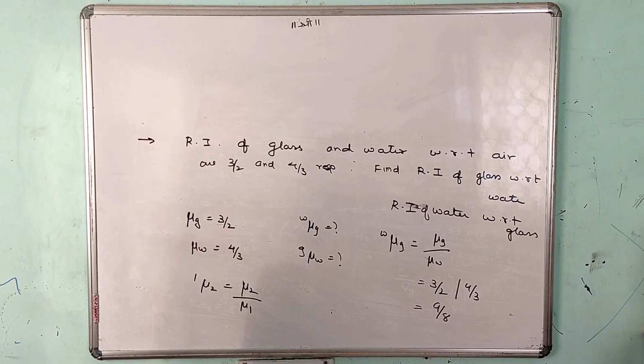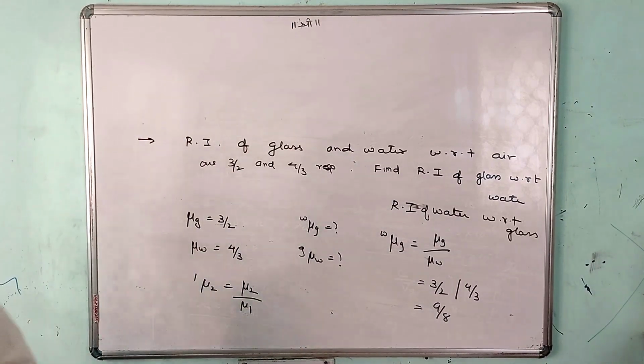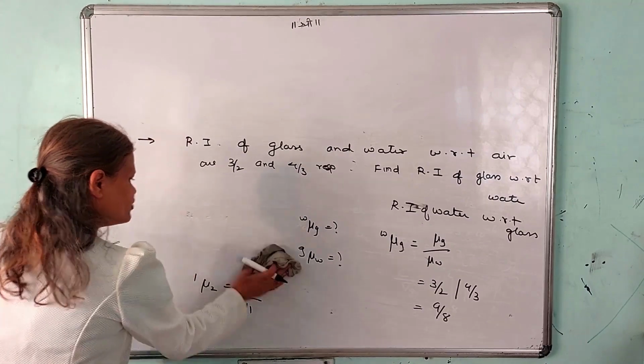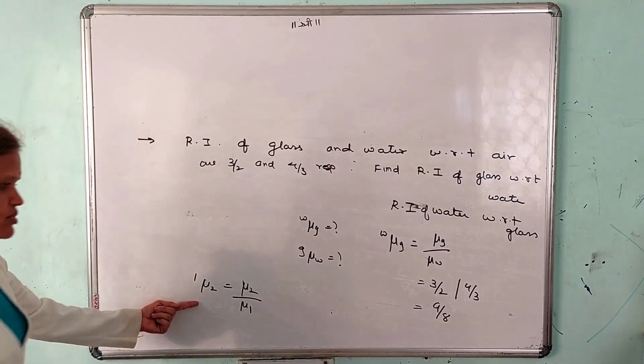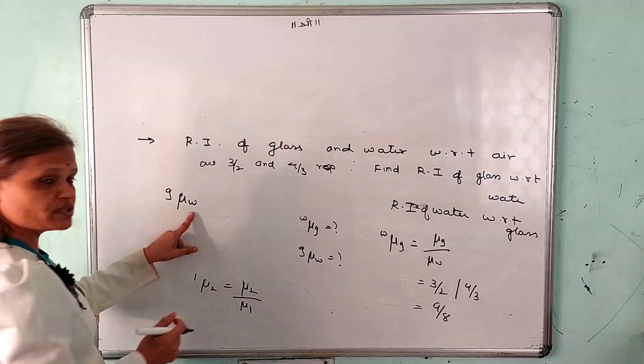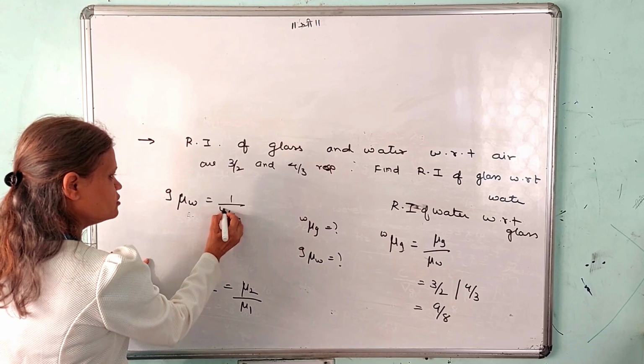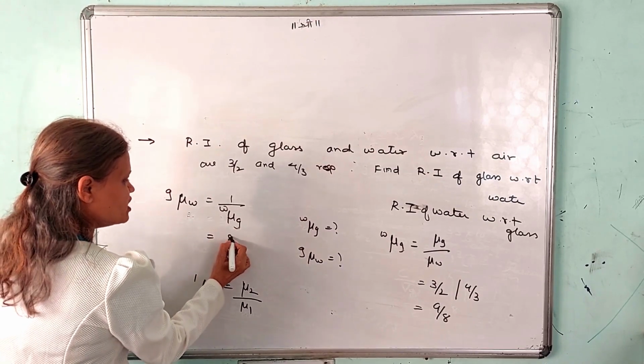Now another thing they have asked is the refractive index of water with respect to glass. That will be just the reciprocal, because that formula also we have seen. So again you can use this formula, or we know that mu WG, that is water with respect to glass, is 1 upon this. So that will be 8 by 9.